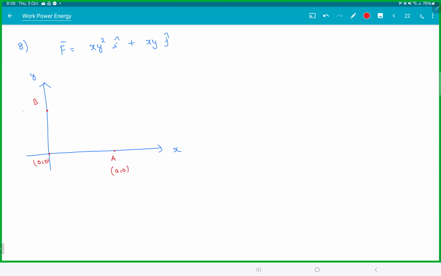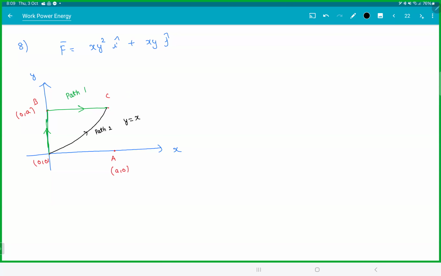This is B, which is 0, a. This is C, which is a, a. So you can go like this, and you can go like this. This is path 1. You can go like this. This is path 2, which is y is equal to x square.